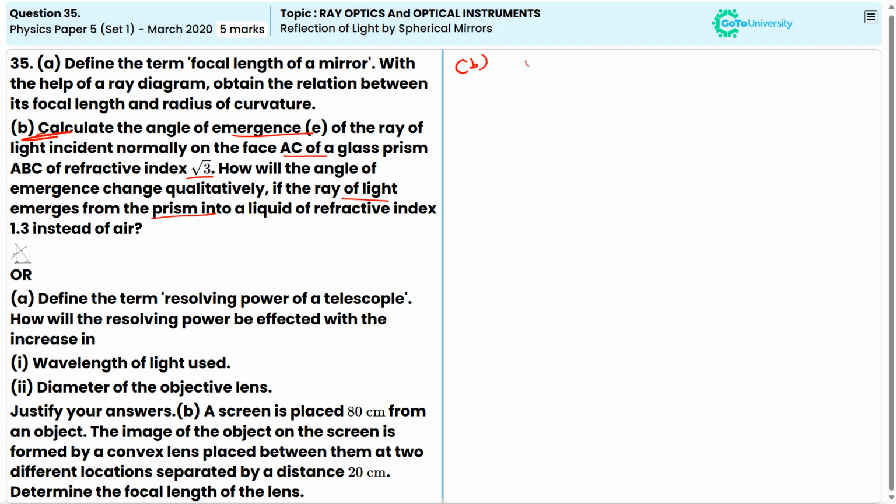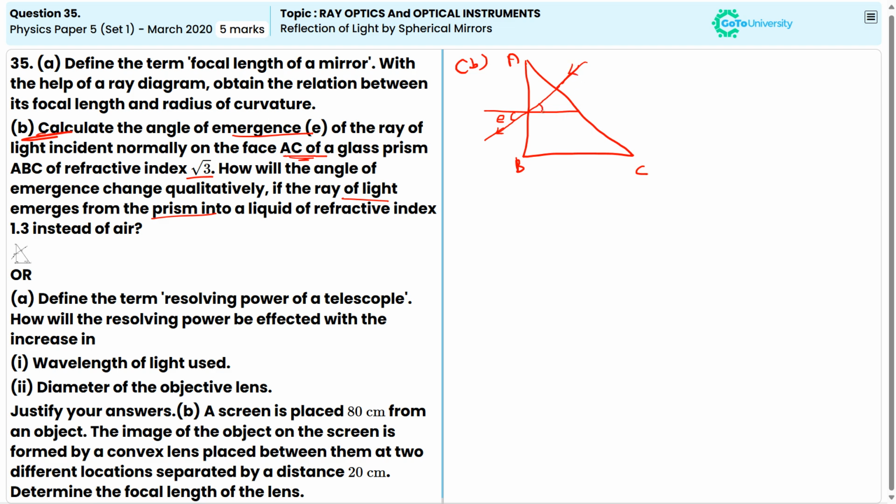Now let us take the given figure, A, B, C. Here they are saying the light is incident normally on the face AC. So it is incident on face AC and directly passes through to AB.